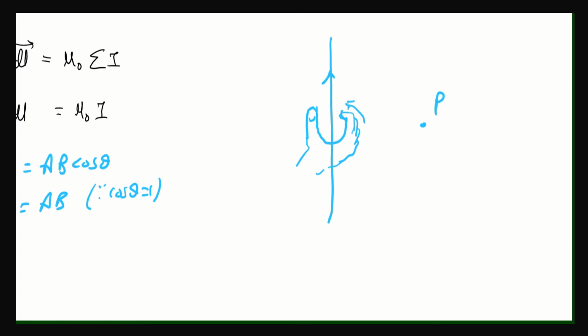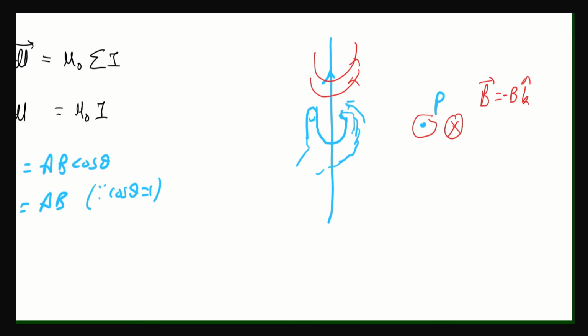So magnetic field lines around this wire are going like this. So at point P, what is the direction of the magnetic field? It will be going inside.